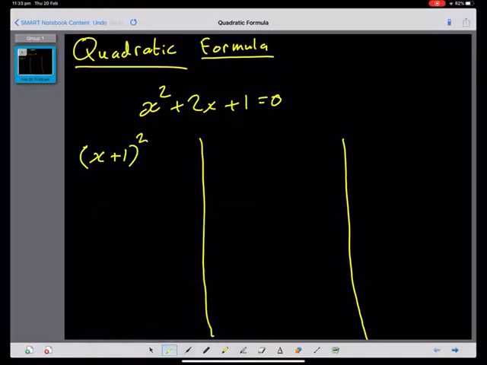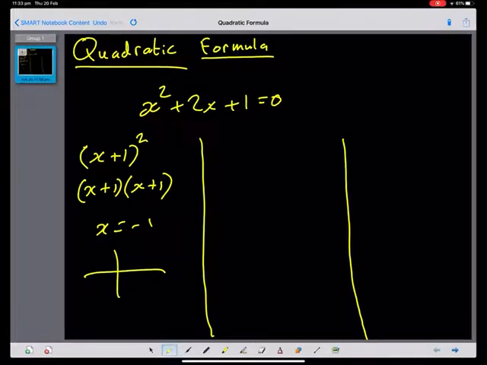And I'm hoping you can all expand this expression to get the above quadratic, and we can see that the solutions are x minus 1 twice, and what that says is this is minus 1, and with a solution of negative 1, that just means it crosses or touches the x-axis at that point. Okay, so we've done factorization.